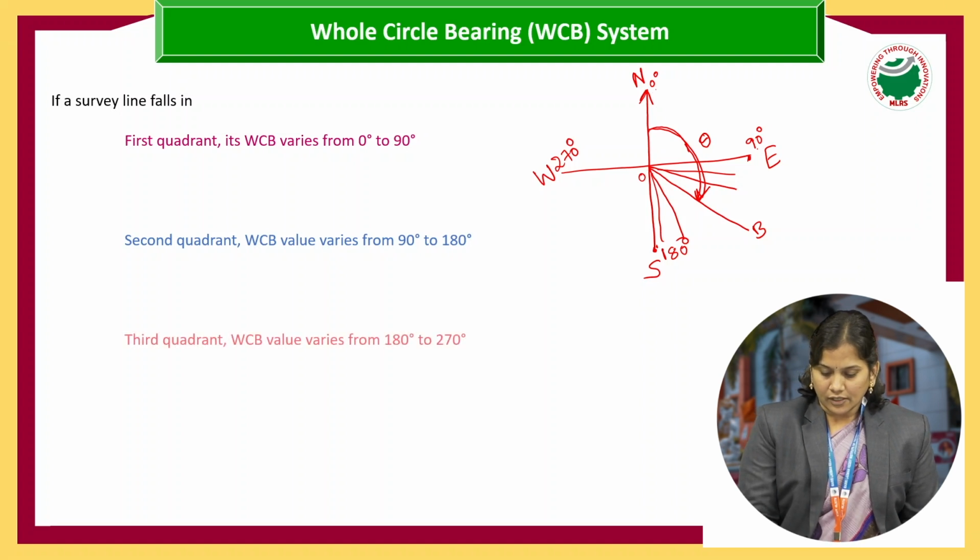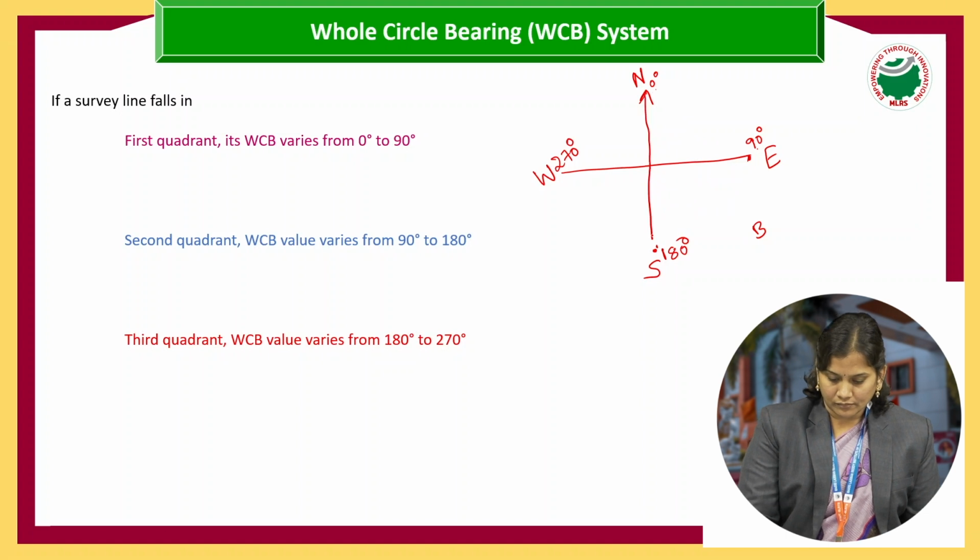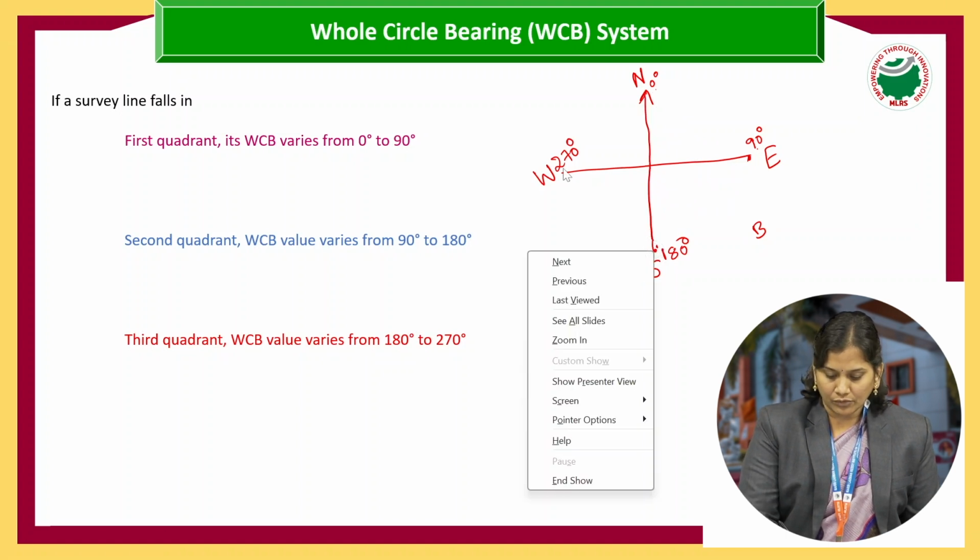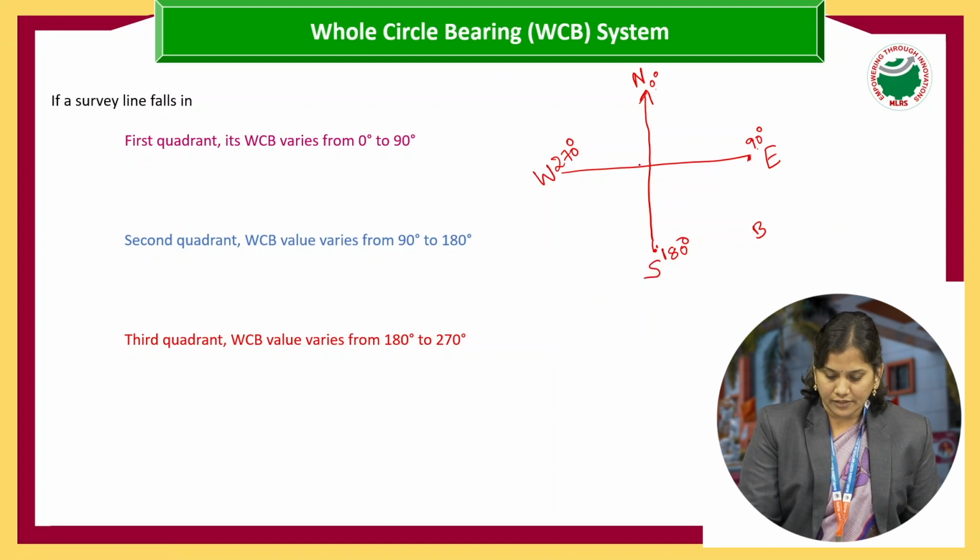And next, if our survey line is in third quadrant, the theta value ranges between 180 to 270 degrees. OC.